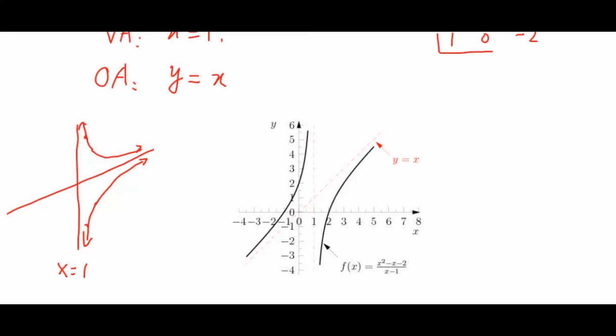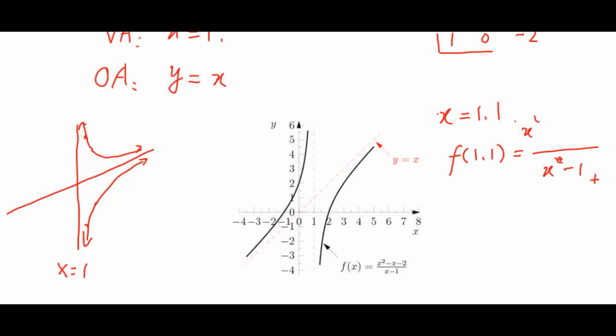So let's check this. Let's pick x = 1.1, just a little bit larger than 1, and find the function value. Just plug in. For the factor x minus 1, when x = 1.1, 1.1 minus 1 is positive.